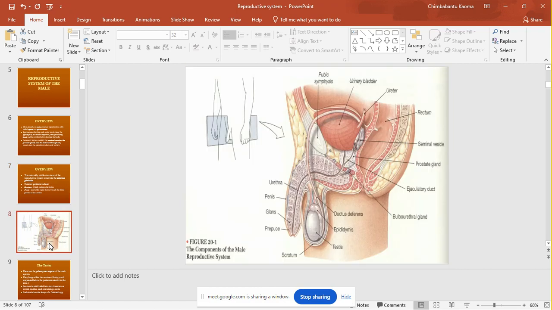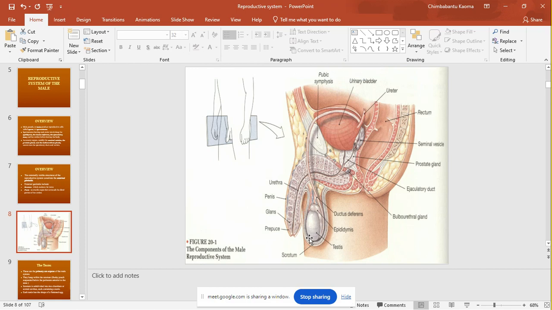This is just a drawing of the male reproductive system that we are discussing. As you can see from the external genitalia, this is something that we are all familiar with. This is obviously the penis and parts of the penis.